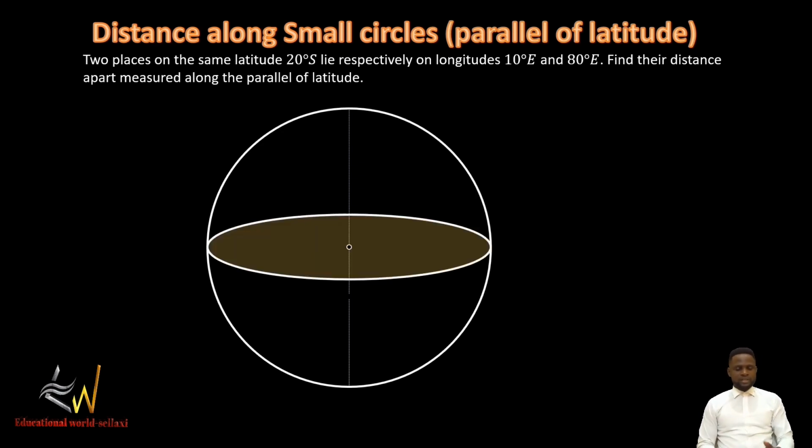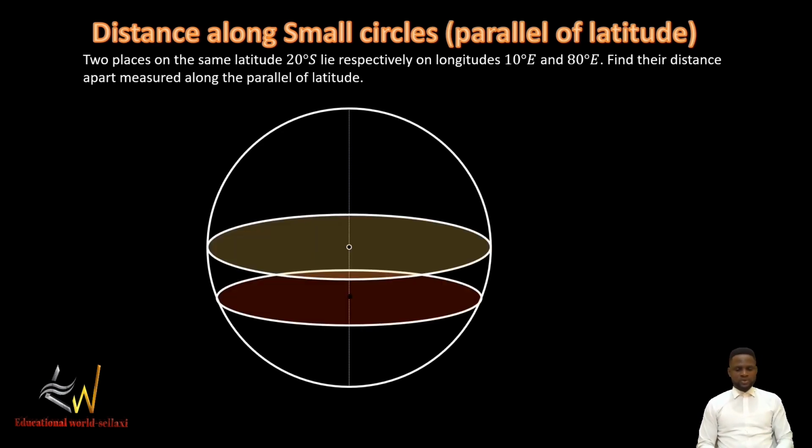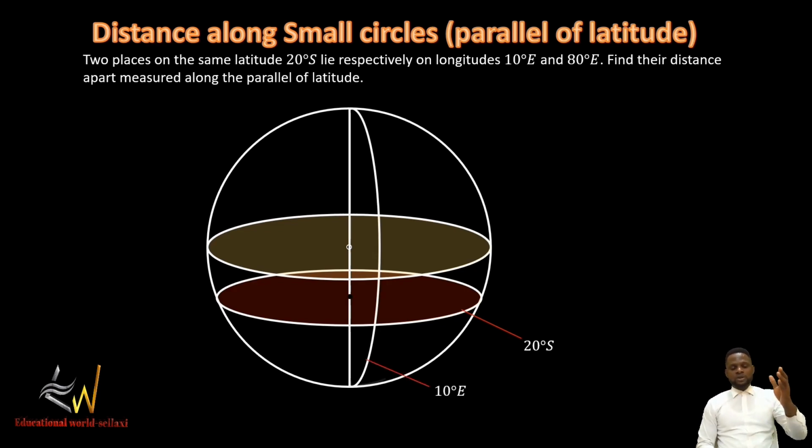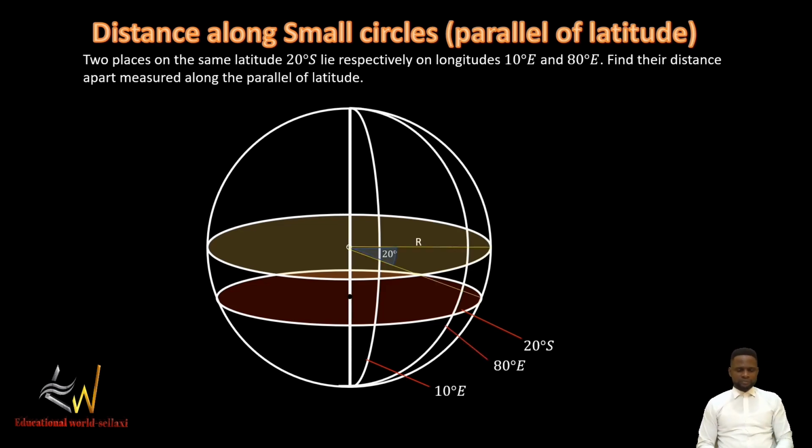Okay, that is latitude 20 degrees south. Now, this is longitude 10 degrees east, while the other one is longitude 80 degrees east. Now that's the radius of the earth, R. The other small r is the radius of the latitude 20 degrees south.